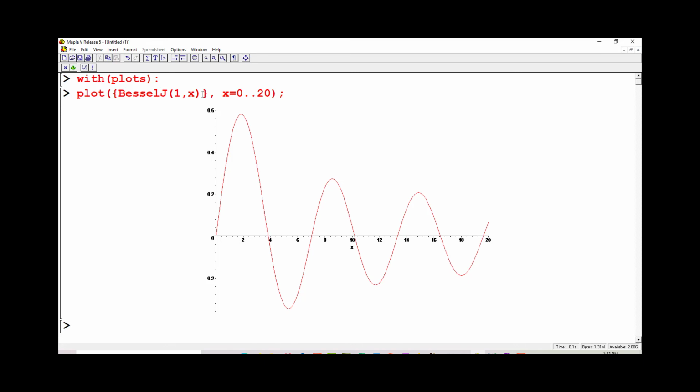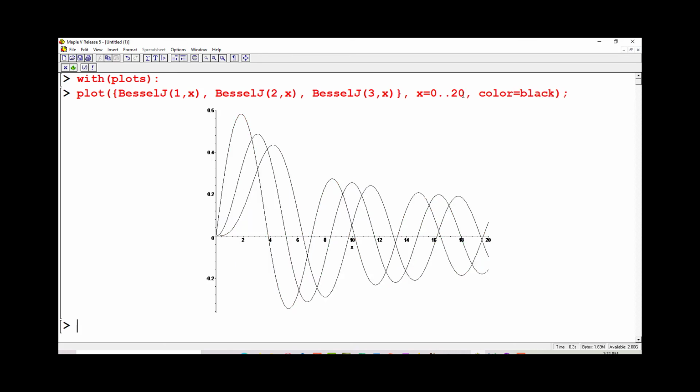We can plot multiple of these together. And the colors are difficult to see. So I'll make them all black.